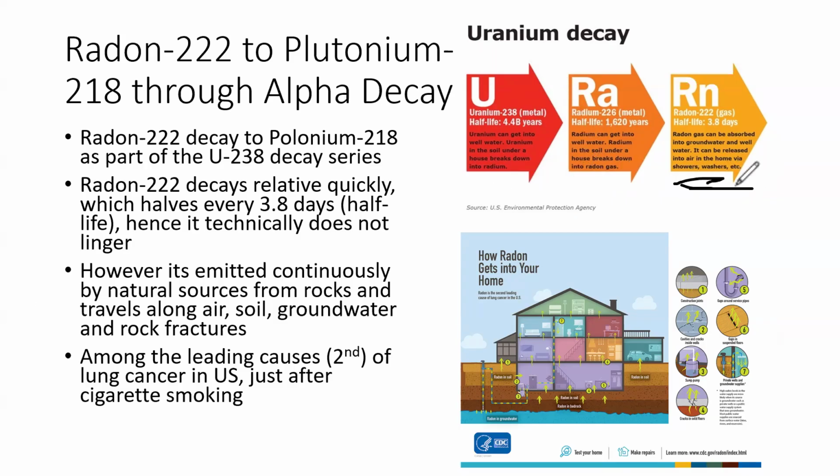Radon gas is one of the products of the decay of uranium. So you have uranium-238, which decays into radium, which will later on decay into radon.